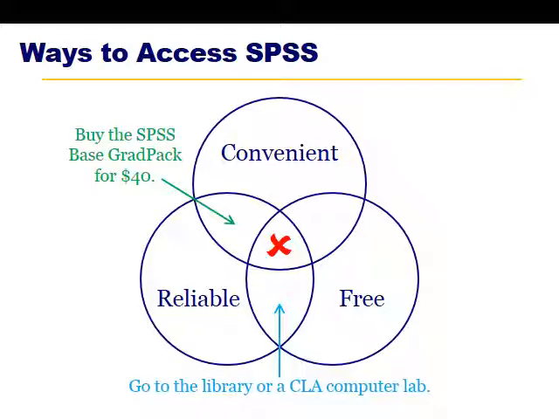What I strongly encourage you all to do instead is to purchase the SPSS Base Grad Pack. So essentially what you're doing is you're buying a 6-month license of this program to use for yourself that you can install on your own personal computer in the same way that you would install any other program like iTunes or whatever it might be.